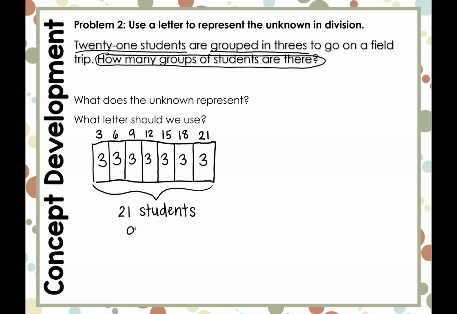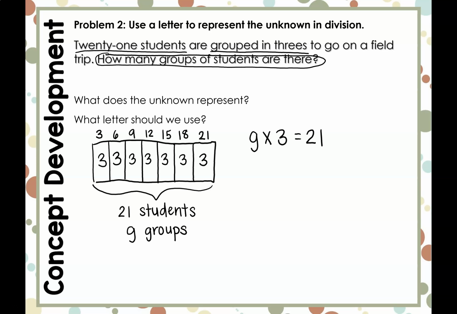So that means we're trying to solve for G groups because we don't know how many groups there are. Okay, so for our multiplication sentence using the unknown, we would write G times 3 equals 21. We don't know what number would replace that G yet.